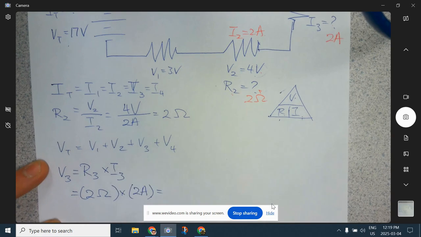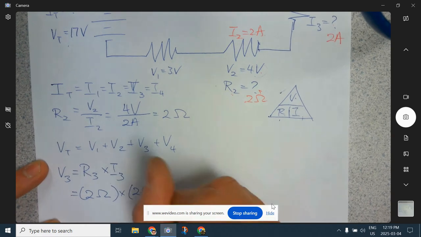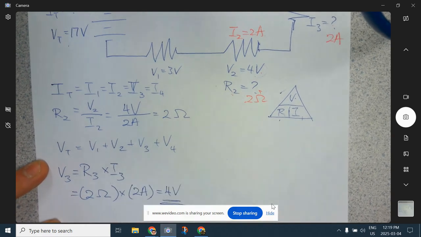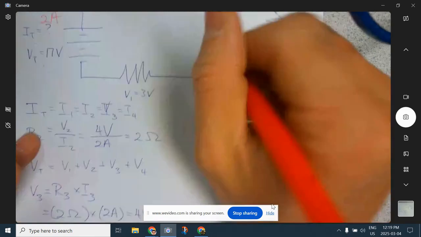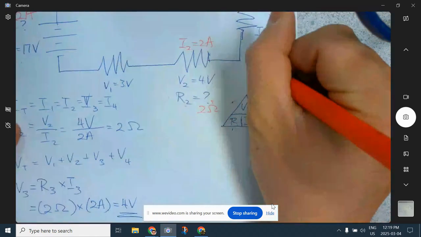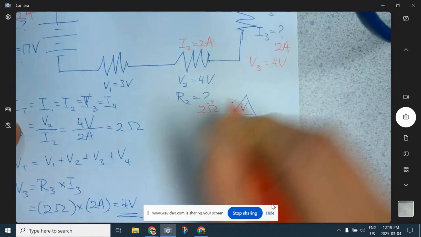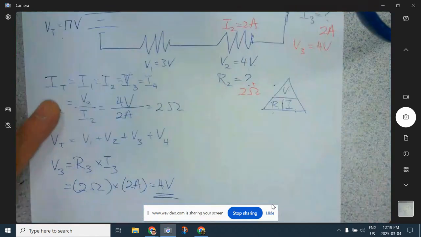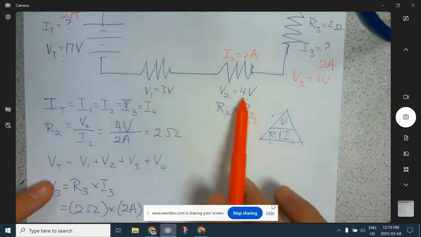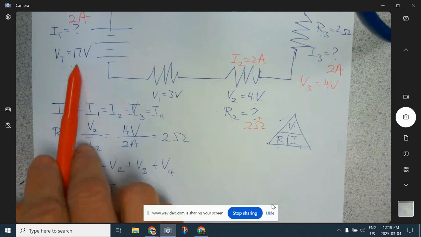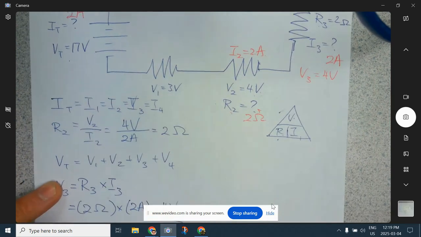So in this case, the voltage for this one is just 4 volts. Pretty easy, small number. So we can fill that in here now. V3 equals 4 volts. Now, last but not least, we have V1, V2, V3, and V total. So we can definitely find V4.